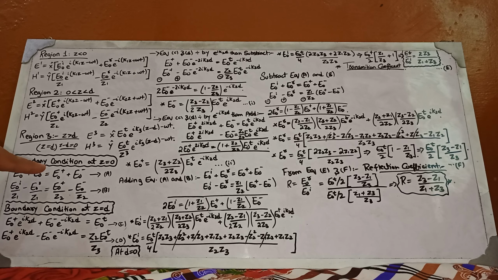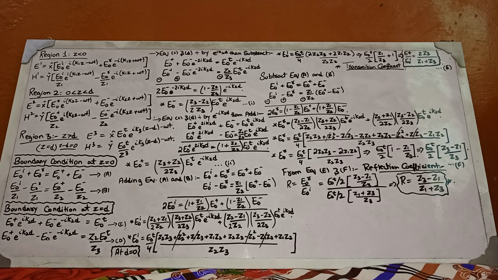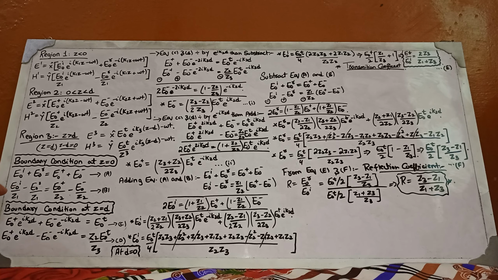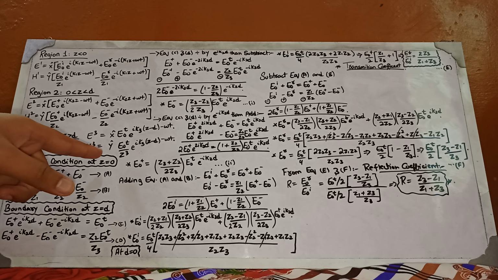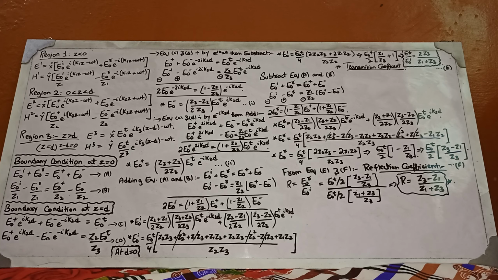You also know that the tangential components of the magnetic field H are continuous and equal. So we are also supposed to equate H1 with H2. We can do this by applying the boundary condition z equals 0. Now you can apply the same boundary condition on H also.